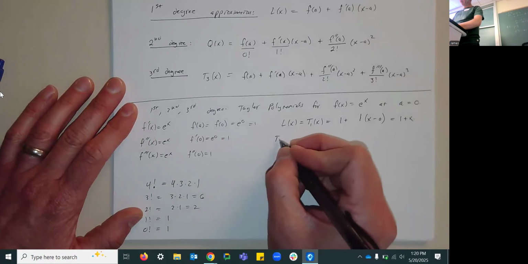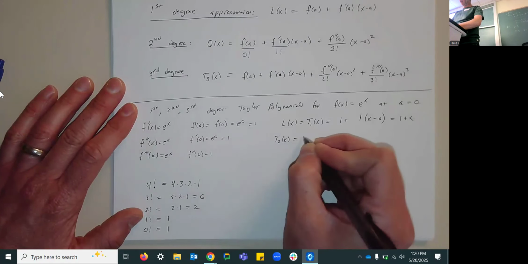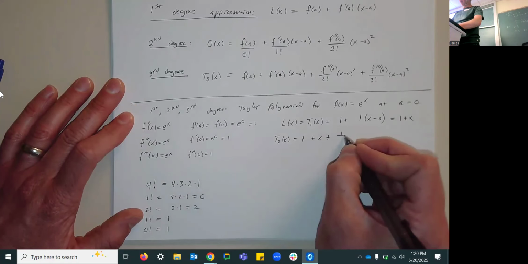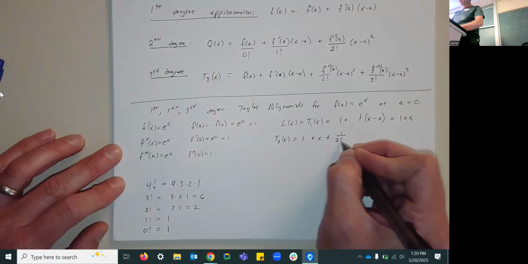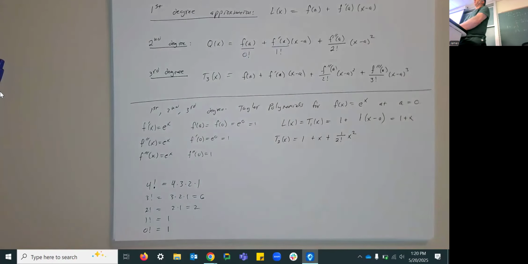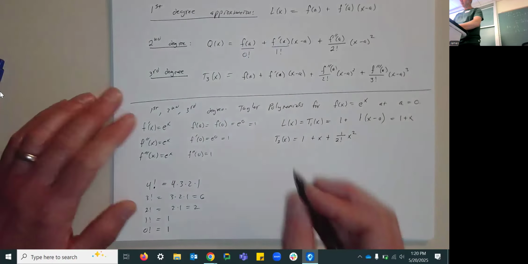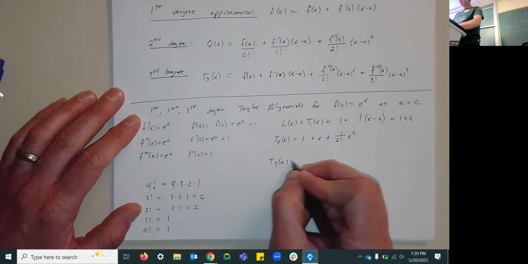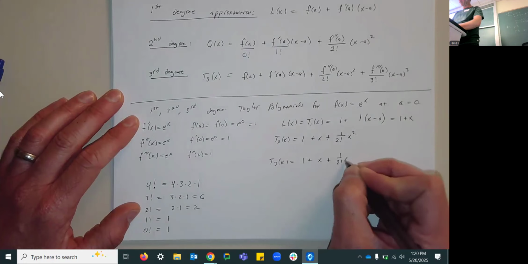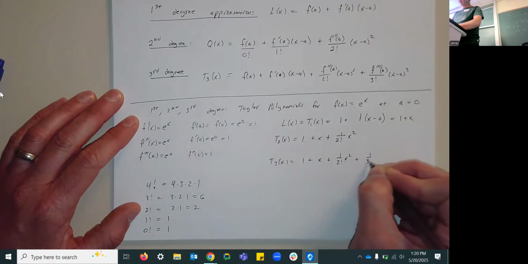My second degree Taylor polynomial is going to be 1 plus x plus 1 over 2 factorial times (x minus a) squared. Since a is 0, I'm not going to write x minus a. And now my third degree is going to be 1 plus x plus 1 over 2 factorial times x squared plus 1 over 3 factorial times x cubed.